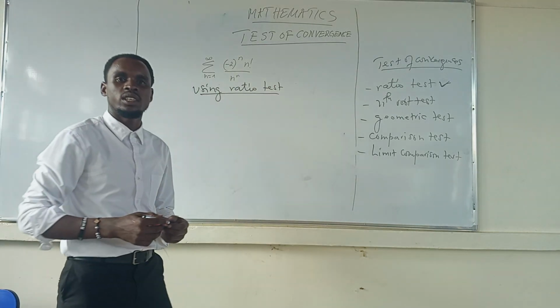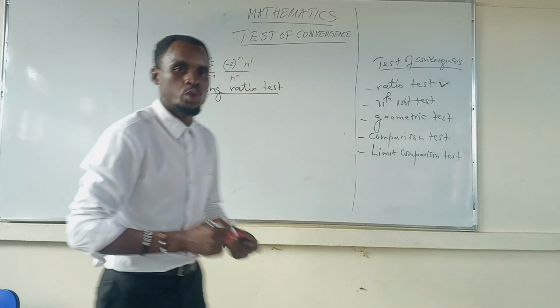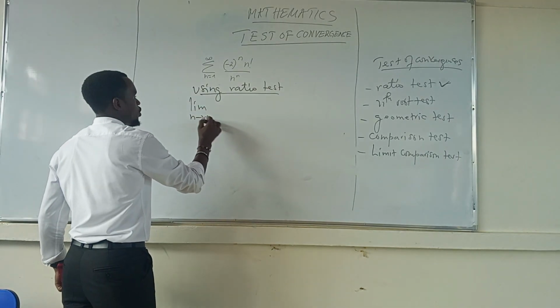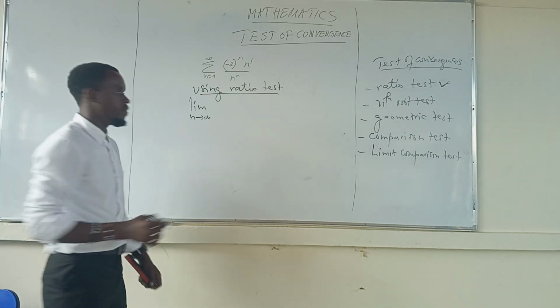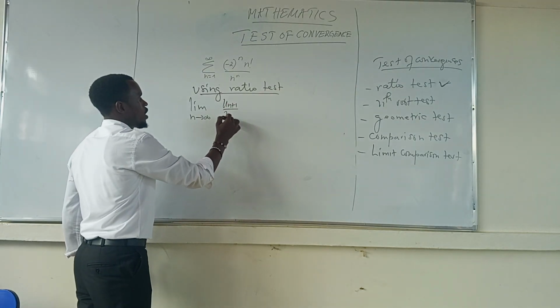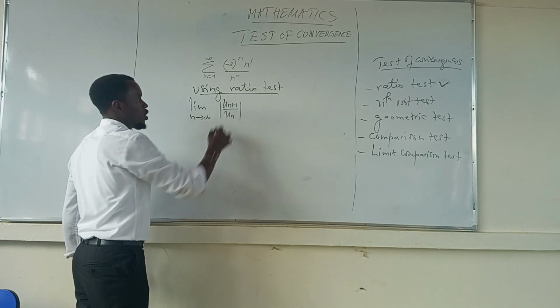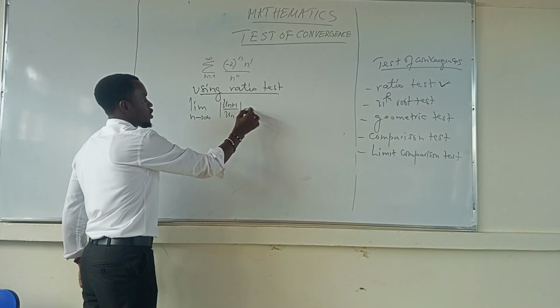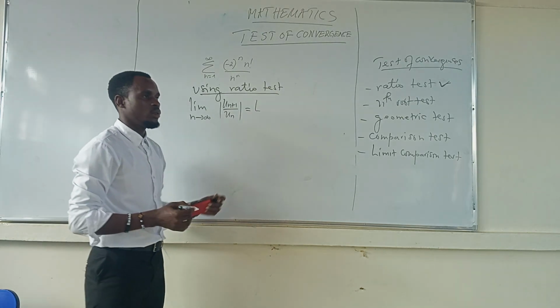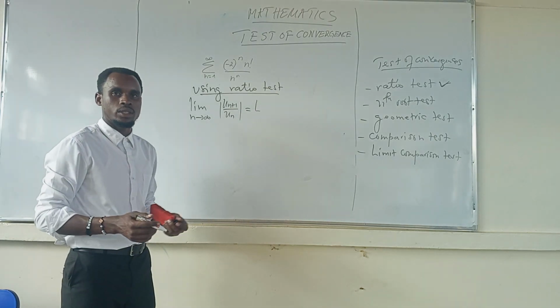Normally, when you are using a ratio test, the first thing you have to do is evaluate the limit. You find the limit as n tends to infinity of the absolute value of u n plus 1 over u n, and this should be equal to r. And this r is the constant that you will get.